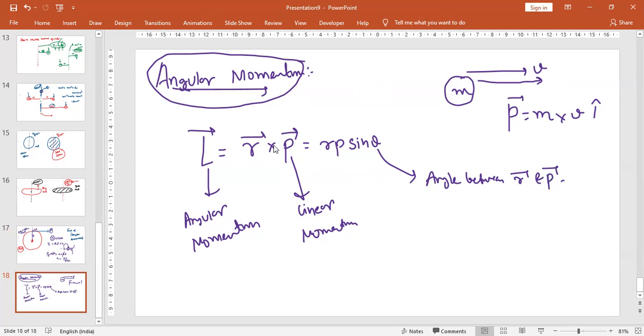Because a cross b is ab sine theta, the cross product of two vectors is ab sine theta. So r, p and sine theta. I'll explain how to use this formula. Please write down this formula.